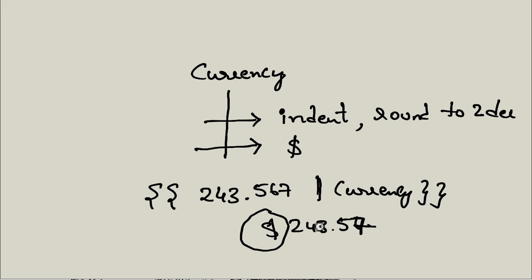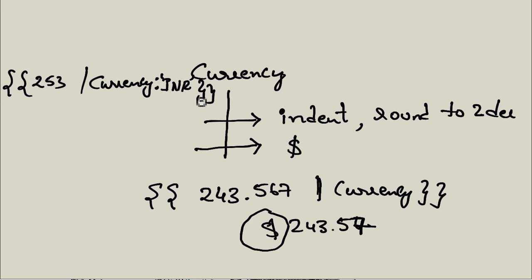If you want to change this dollar sign, we can provide an input parameter. And how can we give an input parameter to a filter? We write the filter name with a colon, and we say INR. So now instead of the dollar, let's say we have some number, we will get INR of 253.